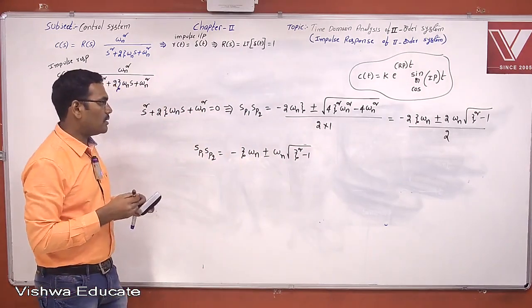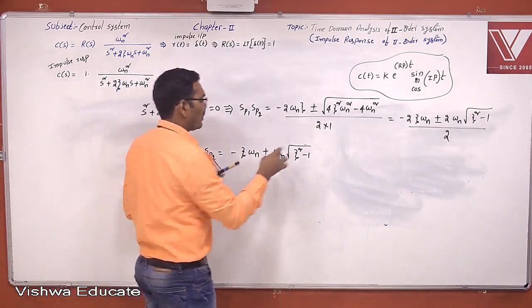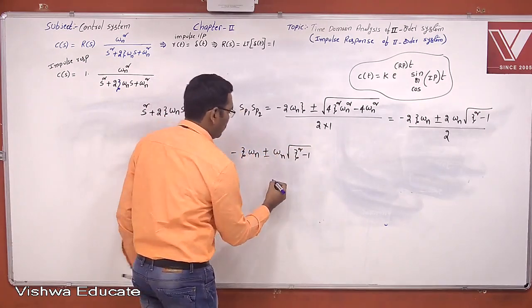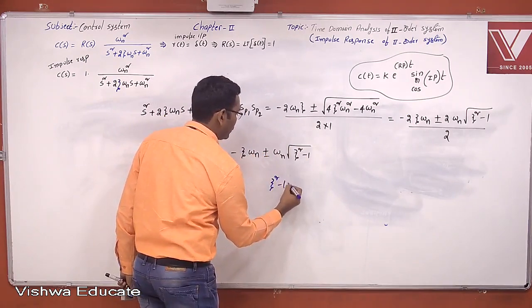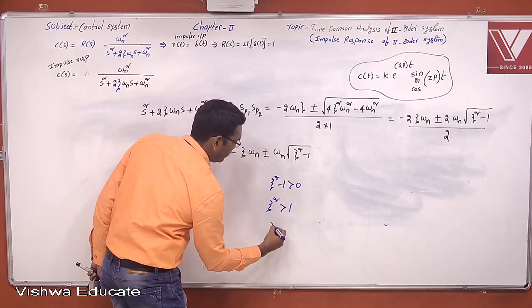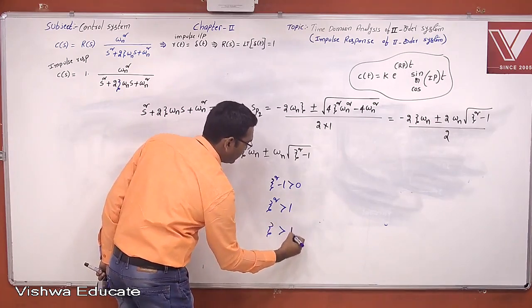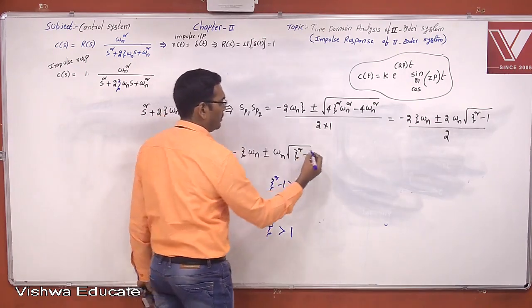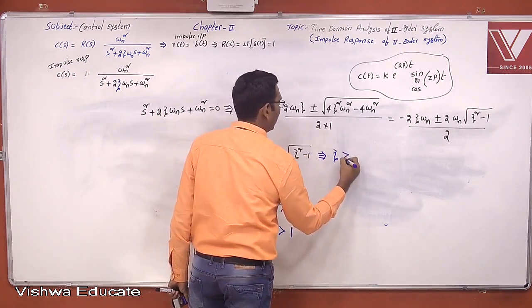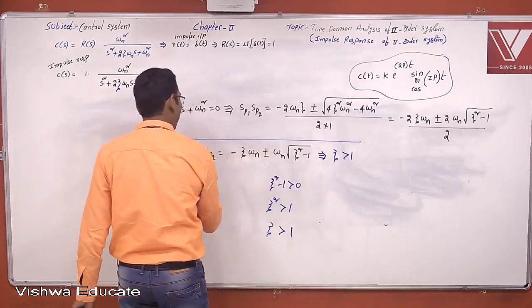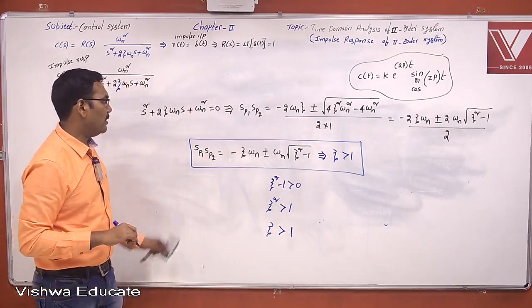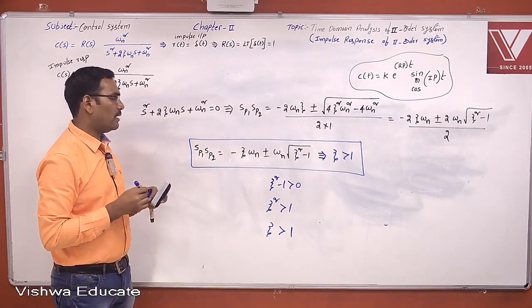Now this under root is positive, so zeta square minus 1 is greater than 0, zeta square is greater than 1. Then zeta is plus or minus 1, but we consider only the positive side. These are the poles location when damping factor zeta is greater than 1.